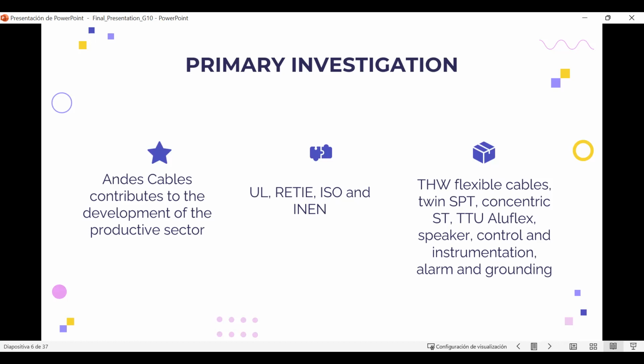It has been in the market for 12 years, and they specialize in the production of THW flexible cables, twin SPT, concentric ST, TTU, and others.